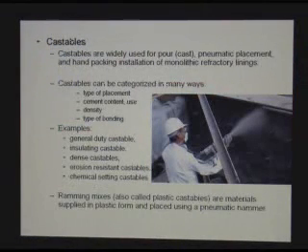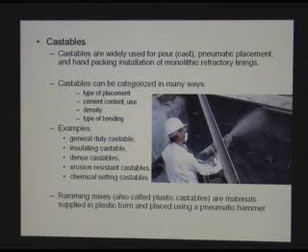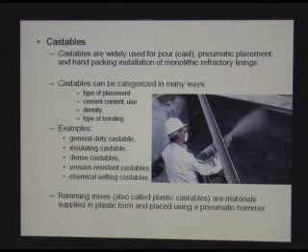Castables are mainly used for cast in place or pneumatic placement. Occasionally we have to apply the lining by hand packing. And we can categorize castable in many ways: type of placement, cement content and use, density, type of bonding.